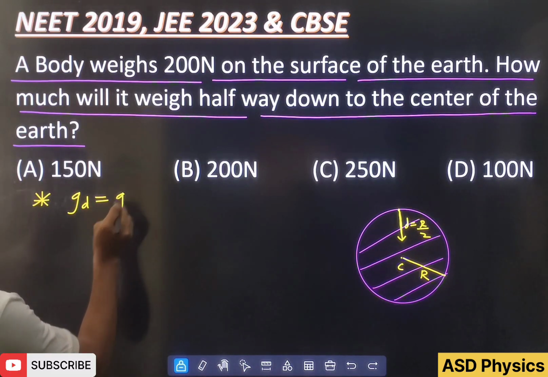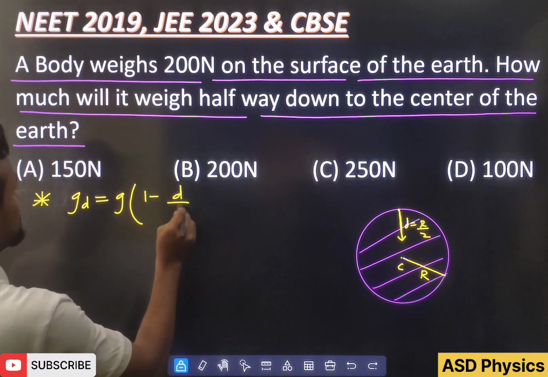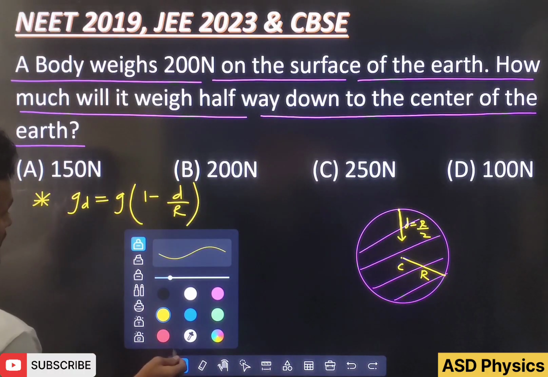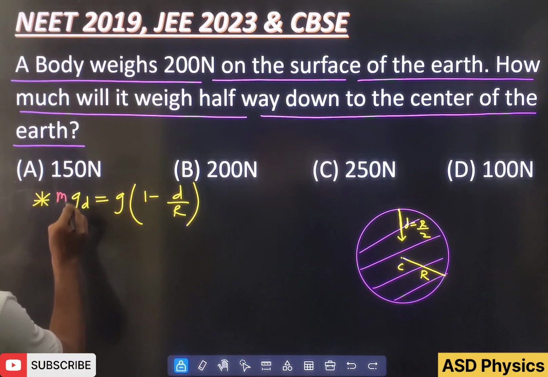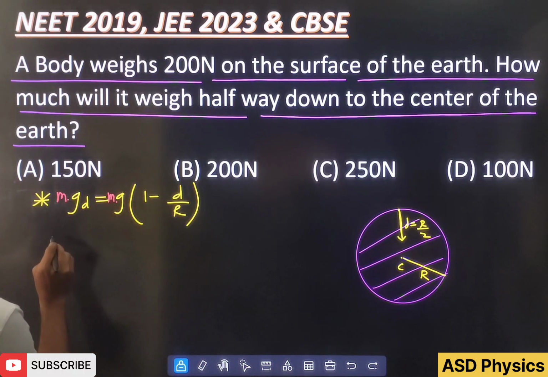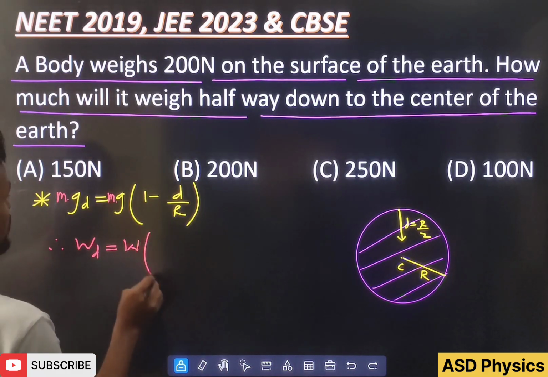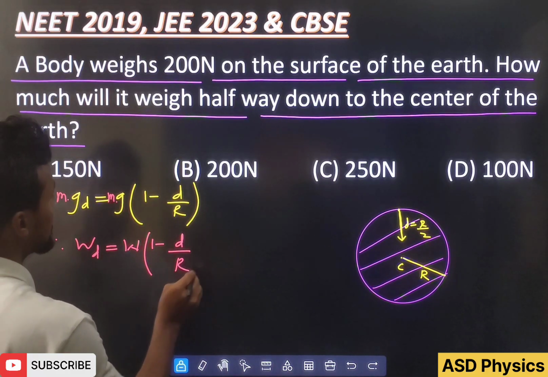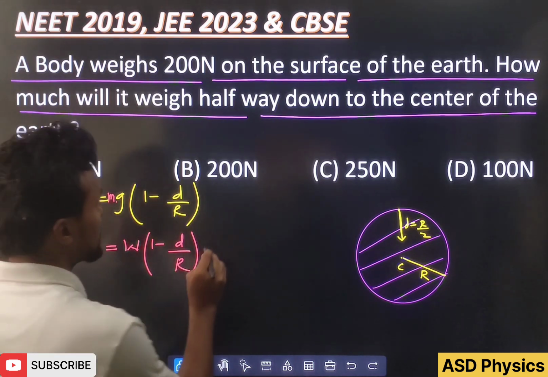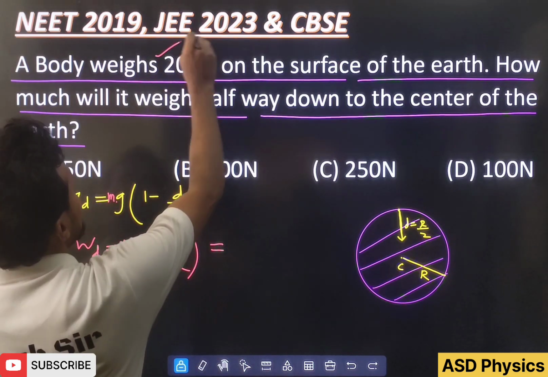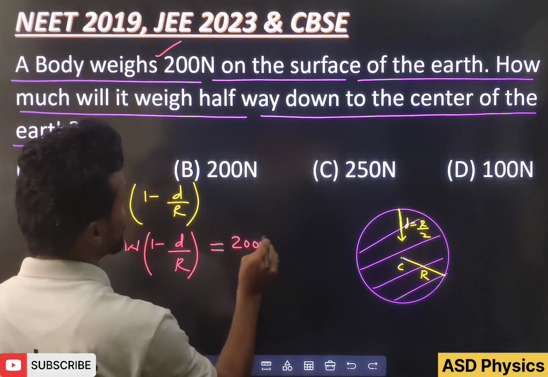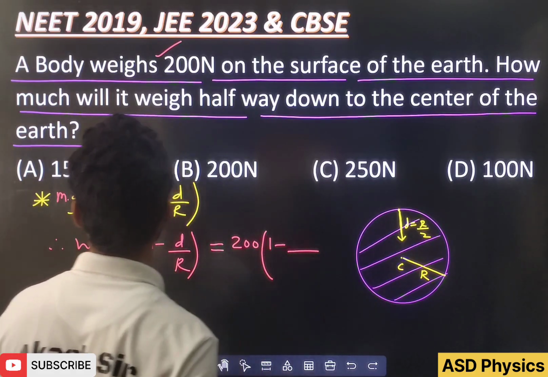Okay, so here you remember the formula: the gravity at depth d is given by g times (1 minus d by R). Now if I multiply both sides with the mass of the object, then I can write the weight at depth d is equal to the weight on the surface times (1 minus d by R), is it? And what is the weight on the surface? You can see 200 Newton is given here. So 200 times (1 minus depth). What is given here?